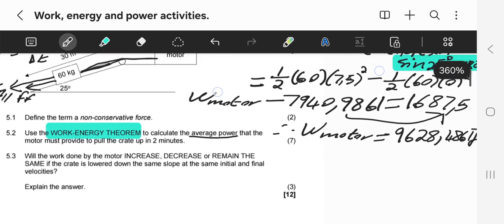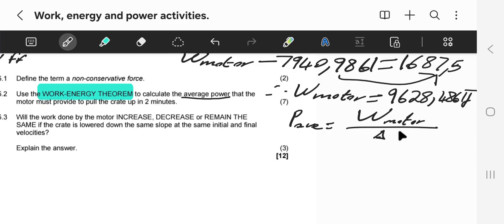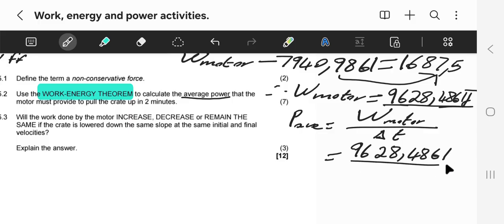So once I've found that work done by the motor, what I'm going to do is to write down my formula, and the formula is P is equal to work. Well, since they said average power, we should say the formula is P average is equal to the work done by the motor divided by delta T. And our work done by the motor is this one here, which we just found, and that's 9628,4861 divided by our time.